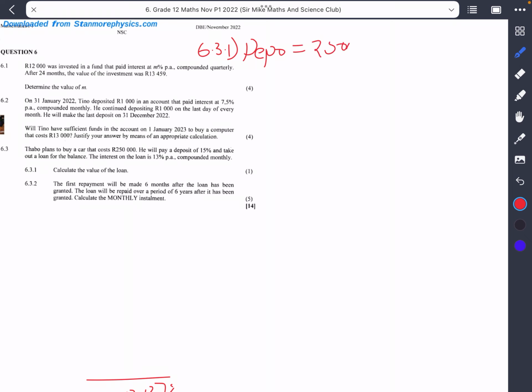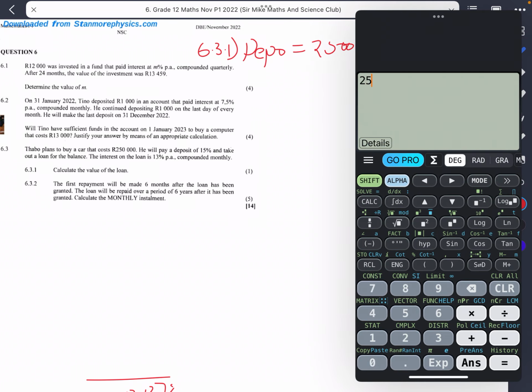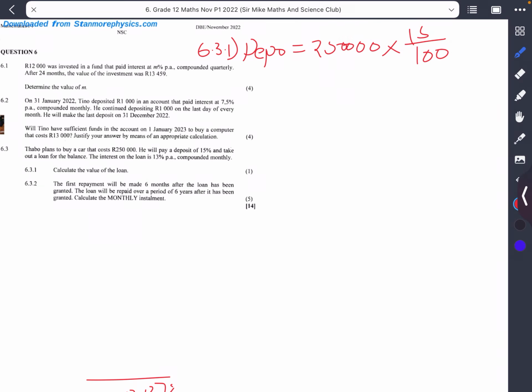So for 6.3.1, we know that the deposit is equal to 250,000 multiplied by 15%, which is 0.15.